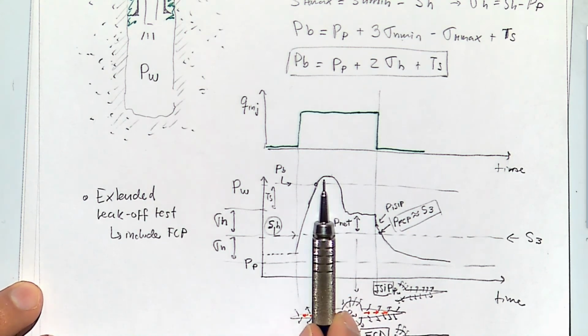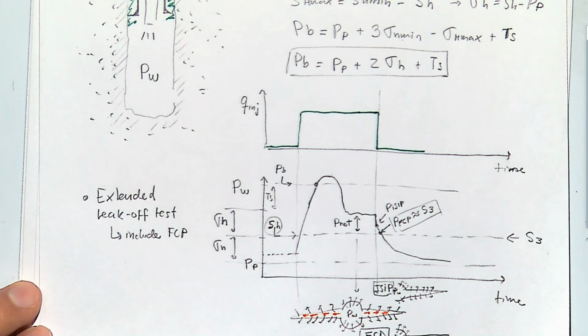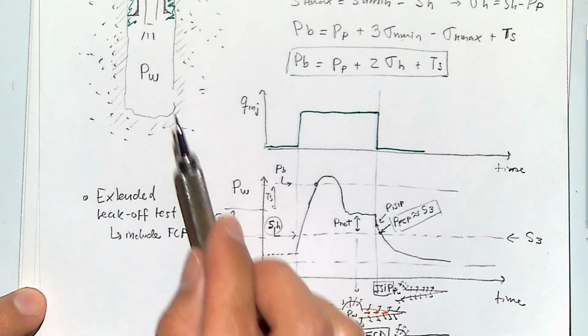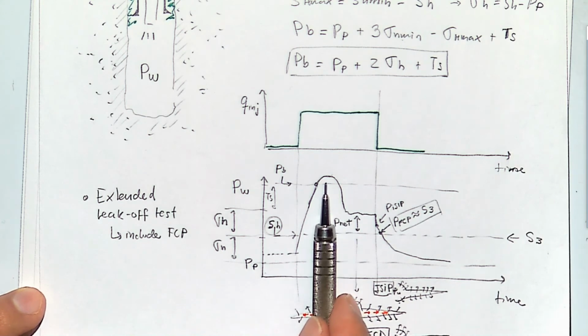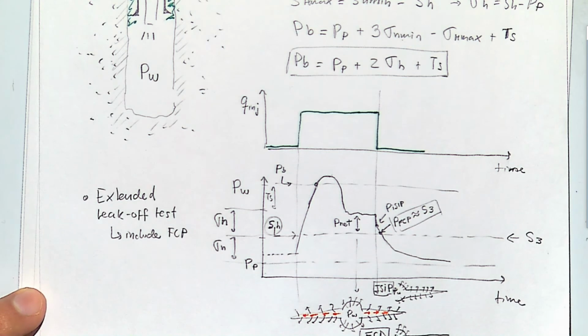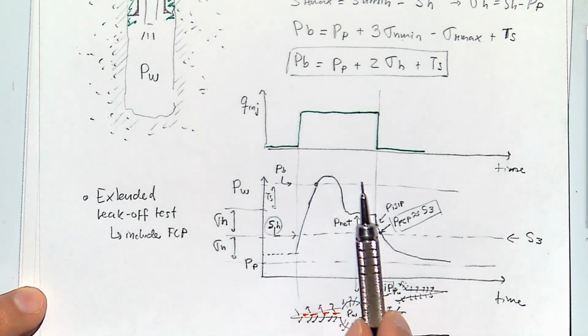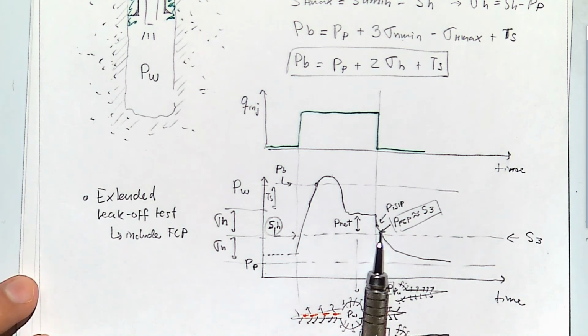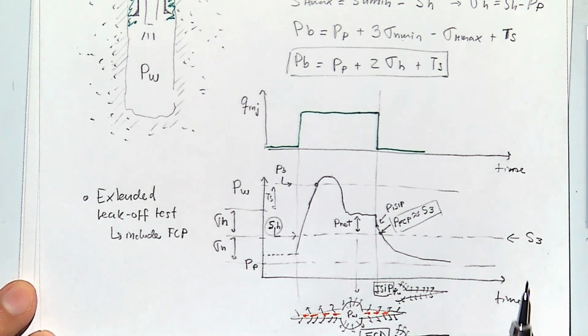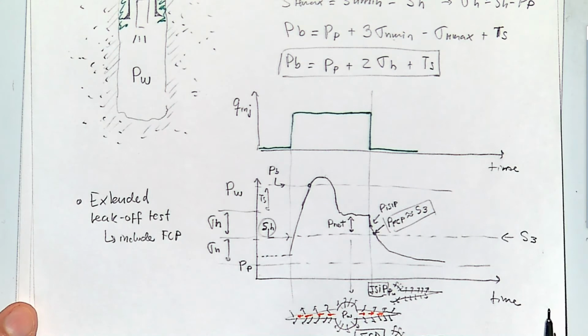And as long as you get to here, then you know that for the rest of your section, if it's the same rock, you can get to a fracture gradient as far as this. If you want to continue and measure the minimum principal stress, you have to go all over this. And with that, you can also calculate the value of the minimum principal stress.